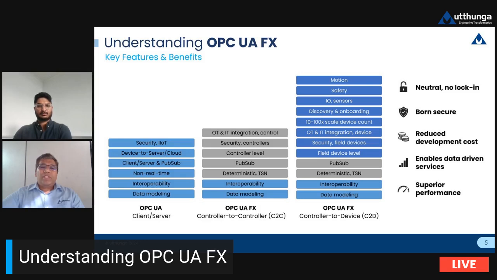And on top of it, we have OPC UA PubSub technology. It uses very minimalistic binary encoded data messages to exchange between controller to controller. It uses UDP as well as raw Ethernet frames to do this.